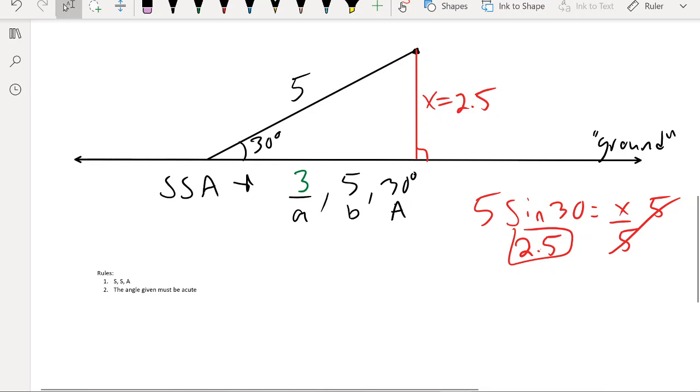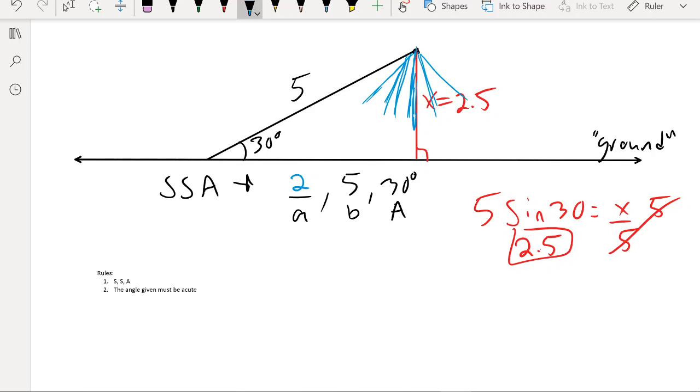If you're given a side that's less than 2.5, like let's say you were given a 2 instead, you don't have a triangle. Look, there's only one way to go straight down. If I were to go out, I'd have to go further, right? Here's all the ways I can do 2. It's just not going to reach the ground, and it's not going to make a triangle. So I have no triangle. There's no way to do that.